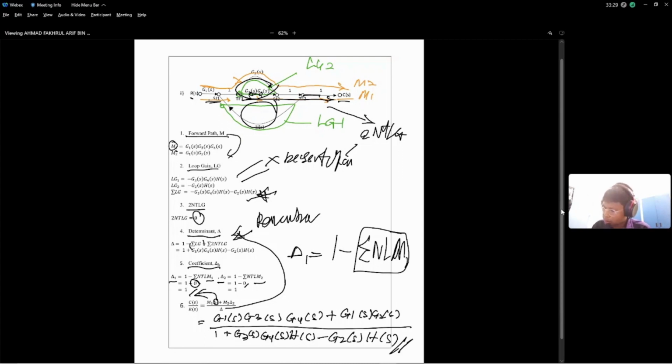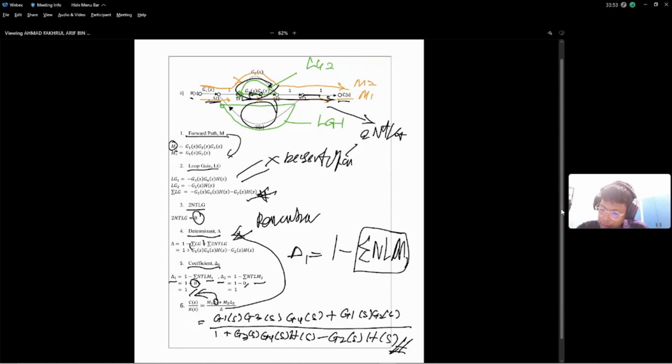So this is jawapan dia. So nak tahu kita punya jawapan ni betul ke tak, we can look to question before. So question before kita buat block reduction method. So if lah block reduction method kita dengan signal dengan Mason rule kita jawapannya sama, maknanya jawapan anda betul.